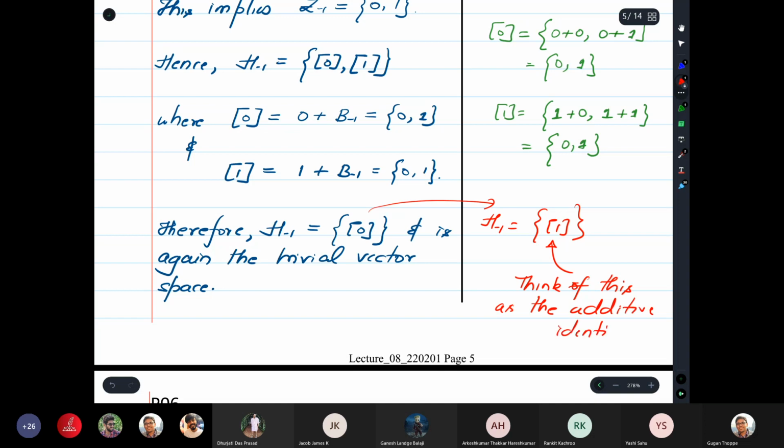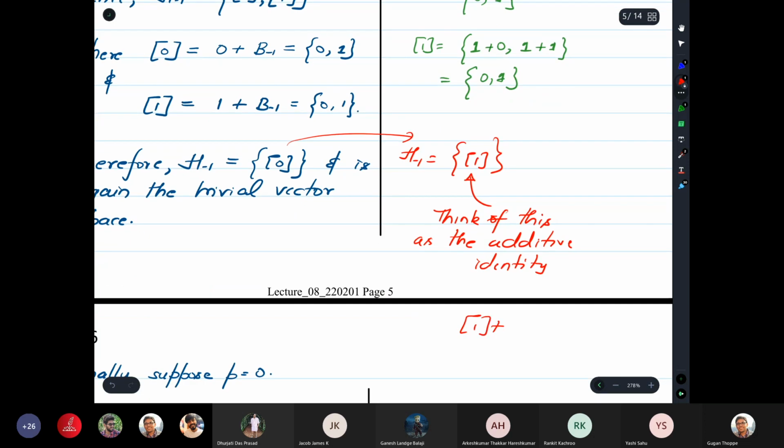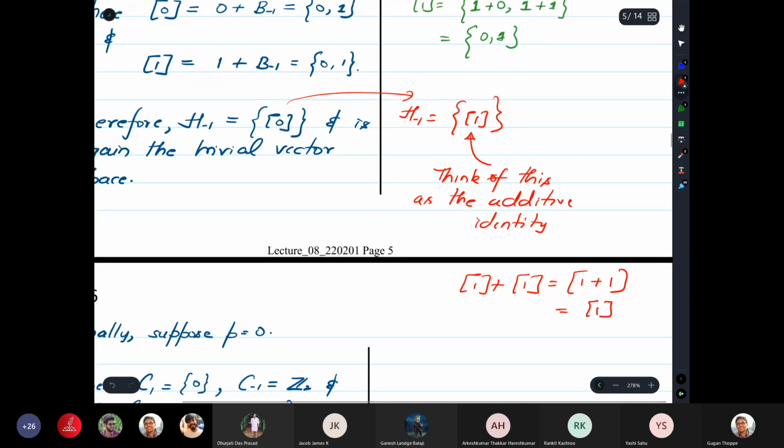And why can I think of this as the additive identity? Well, the reason is that 1 plus 1 is the equivalence class of 0. So 1 plus 1 is 0, and hence this is the equivalence class of 0. But we saw above that the equivalence class of 0 is the equivalence class of 1, right?